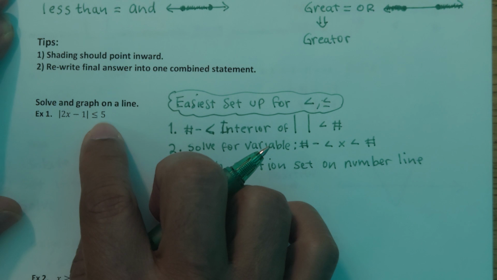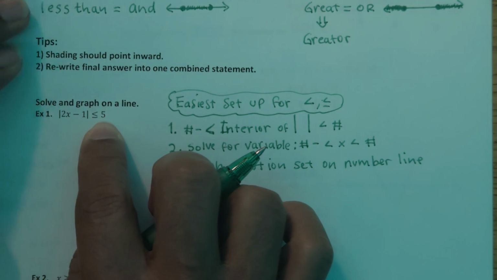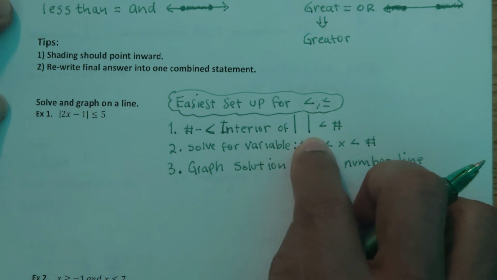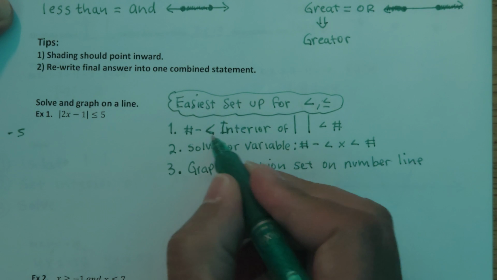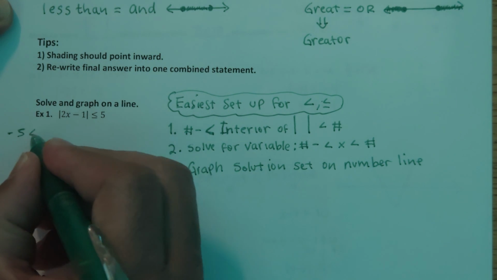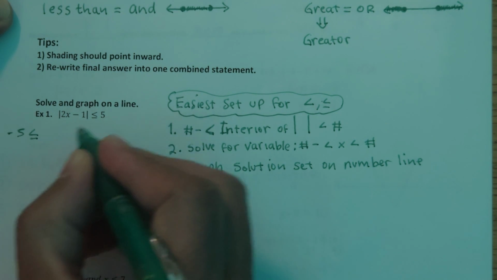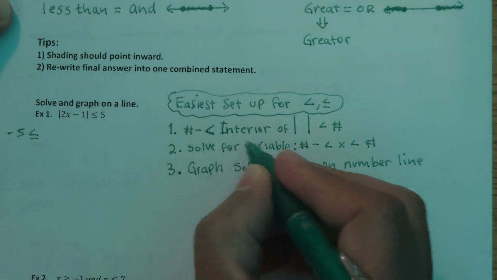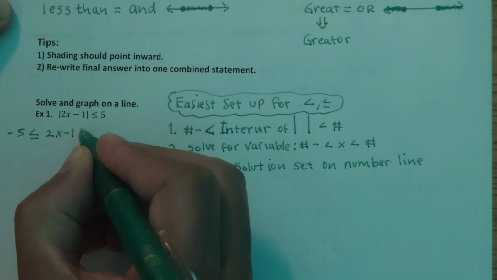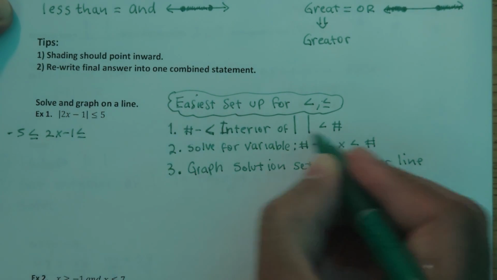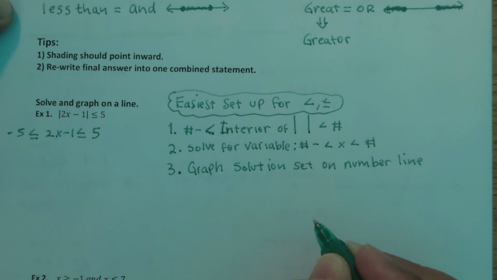In this case, that number is 5, but that's the general idea with every inequality for less than. So this is -5, the negative number, and this is less than or equal to. Then what's inside of the absolute value, the interior, I'm going to copy here: 2x minus 1, less than or equal to, and now the positive number, which in this case is 5.